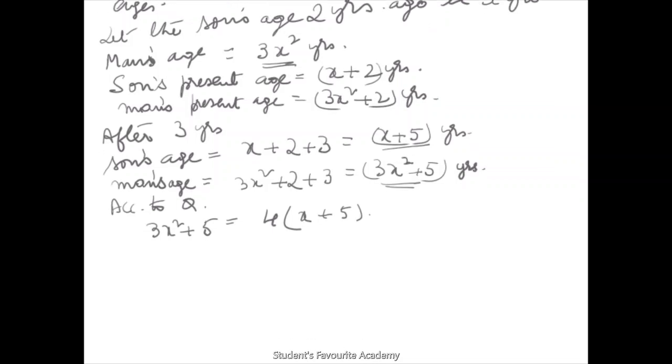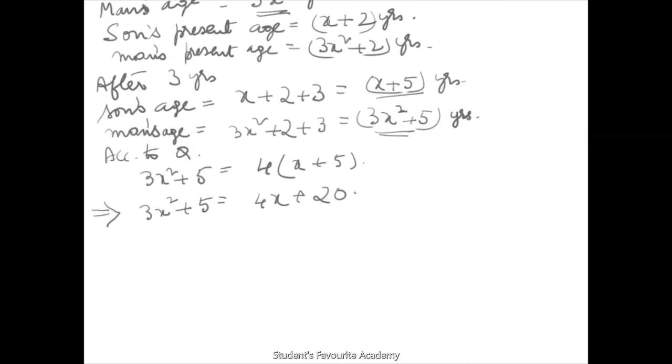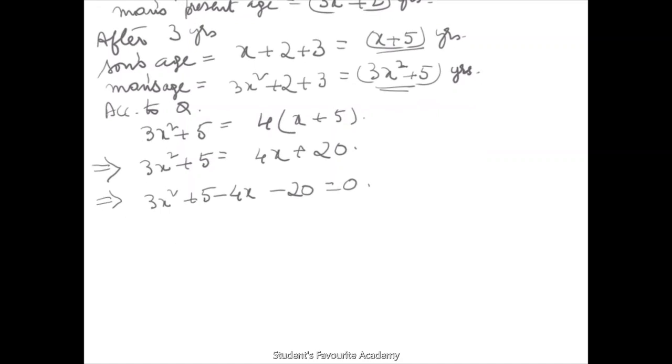So, if you simplify, it becomes 3x square plus 5 is equal to 4x plus 20. So, this implies 3x square plus 5 minus 4x minus 20 is equal to 0. So, this implies 3x square minus 4x minus 15 is equal to 0. Right? So, here coefficient of x square is 3.